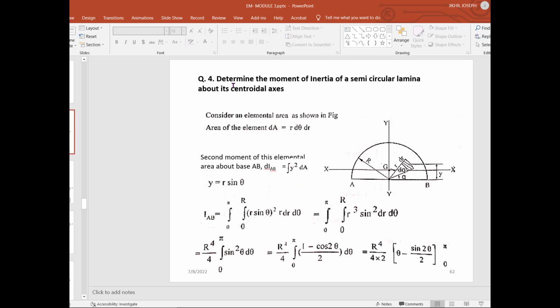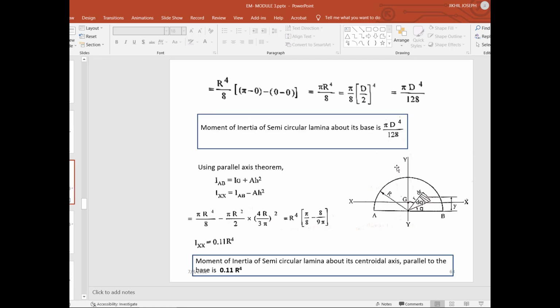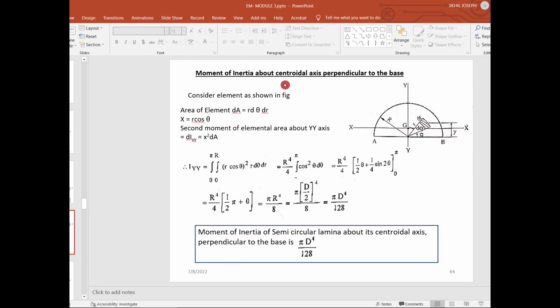So in the previous one, we found the moment of inertia of the semicircular lamina about the centroidal axis. The centroid, you know, for this area will be 4r by 3 pi, right? So about the centroidal axis, and the moment of inertia about the centroidal axis perpendicular to the base, the same value is obtained.